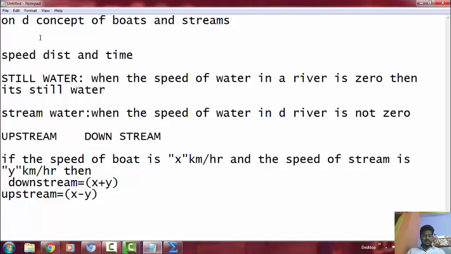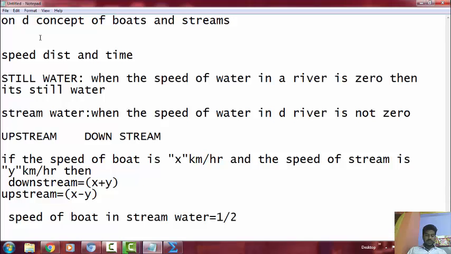Now the speed of the boat in still water, I am saying it particularly, is equal to 1 by 2 into speed of upstream plus speed of downstream.